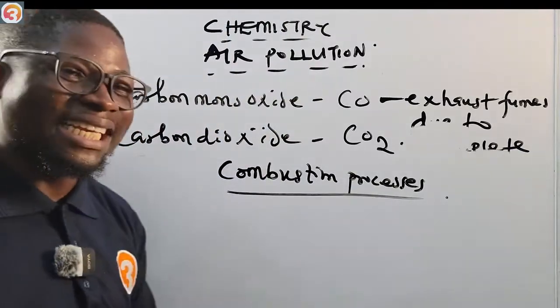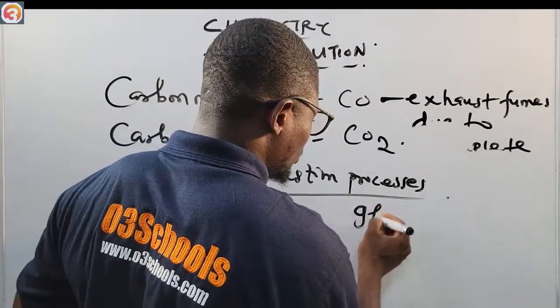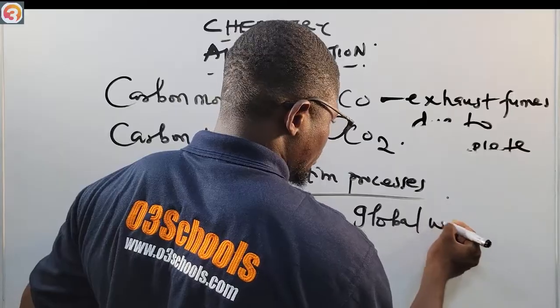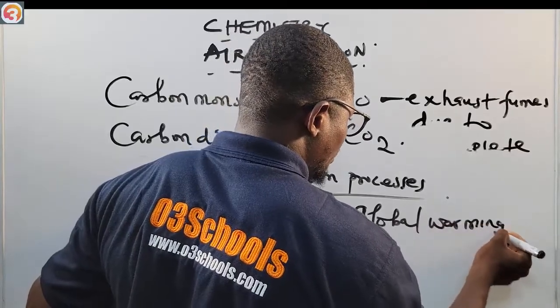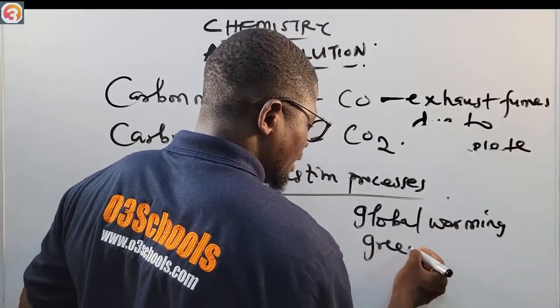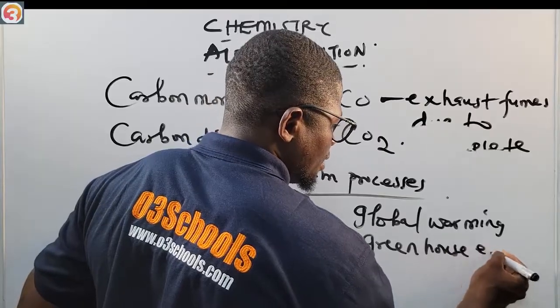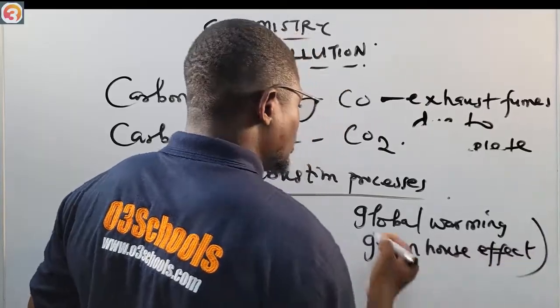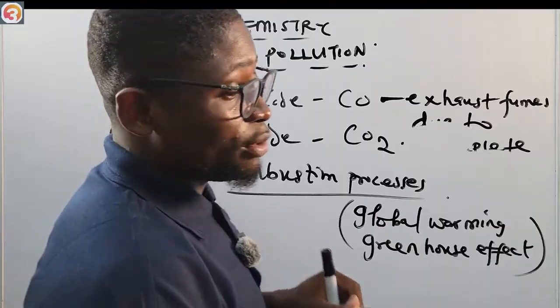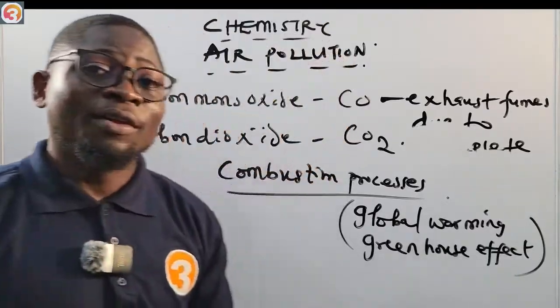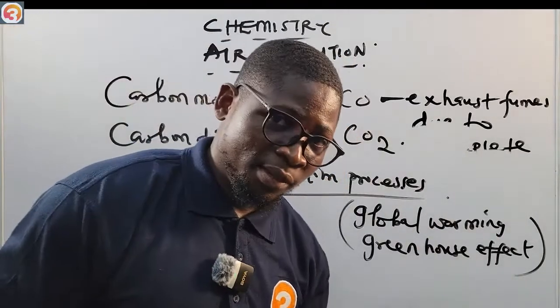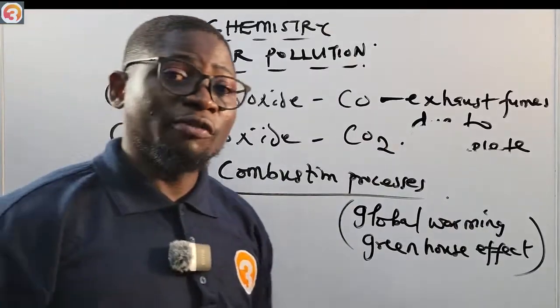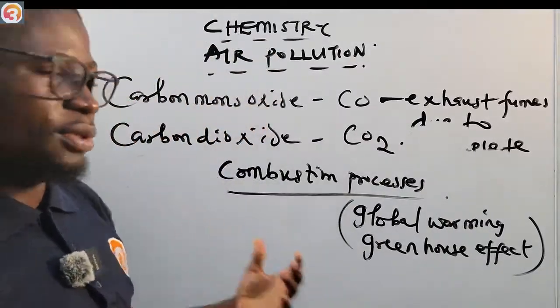This will now lead us to talking about global warming and the greenhouse effect. Most of you, even while you were in school, some of you were not even taught well, and some of you that were taught still don't fully understand what global warming is till today.